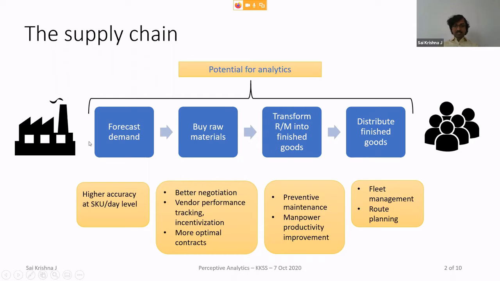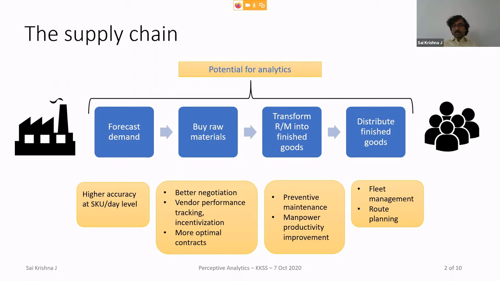Now, in each stage of the supply chain, there is a potential for analytics. And what kind of potential is that? That is what I have listed at the bottom. In the demand forecasting stage, analytics helps us achieve a higher forecast accuracy at a SKU or day level. SKU is nothing but a stock keeping unit, which is the lowest granularity at which we actually take stock in our warehouses or in our retail stores.